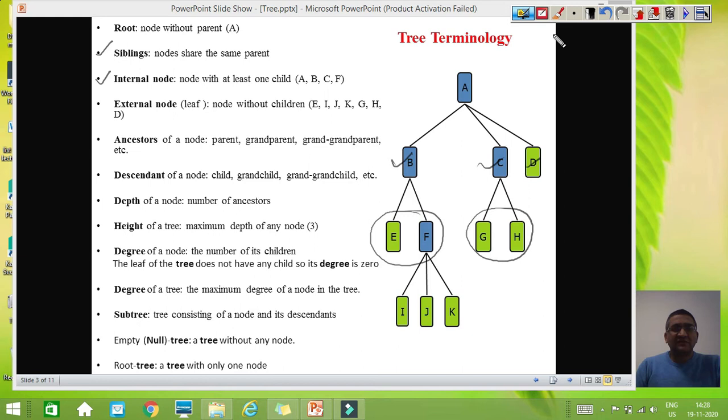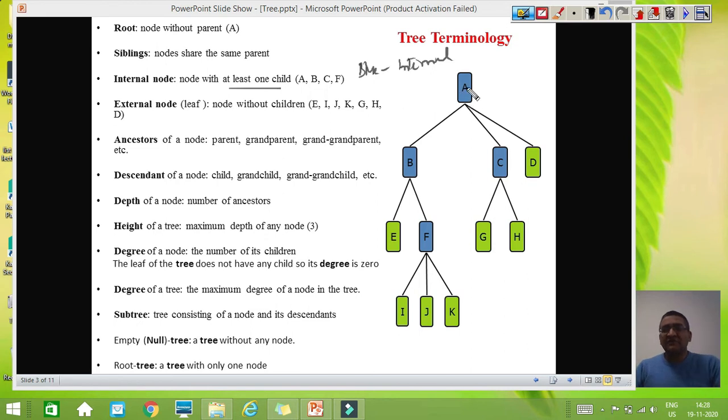Then we have something called internal nodes. An internal node is a node which has at least one child. If you look at this figure, we are using two colors, blue and green. The blue colored nodes are the internal nodes. And why are they internal? Because these nodes have at least one child.